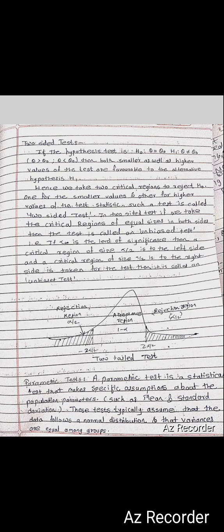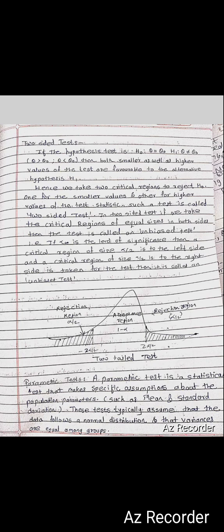Now we are going to discuss parametric tests and non-parametric tests. Parametric and non-parametric tests depend upon normality, and normality depends on the normal distribution. Now first we will see the parametric test.